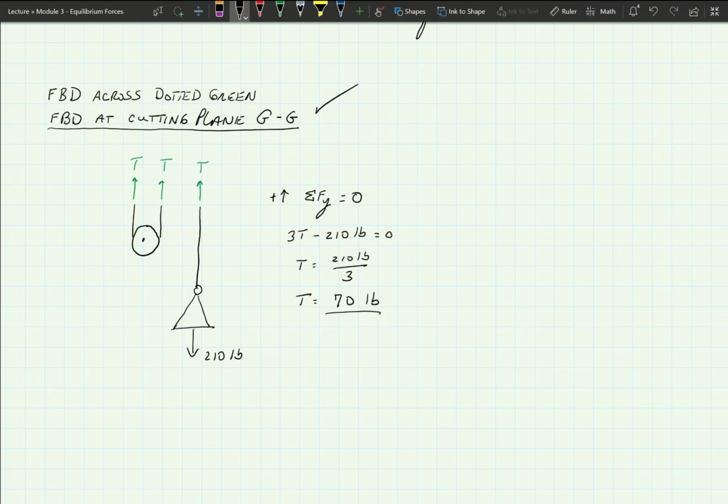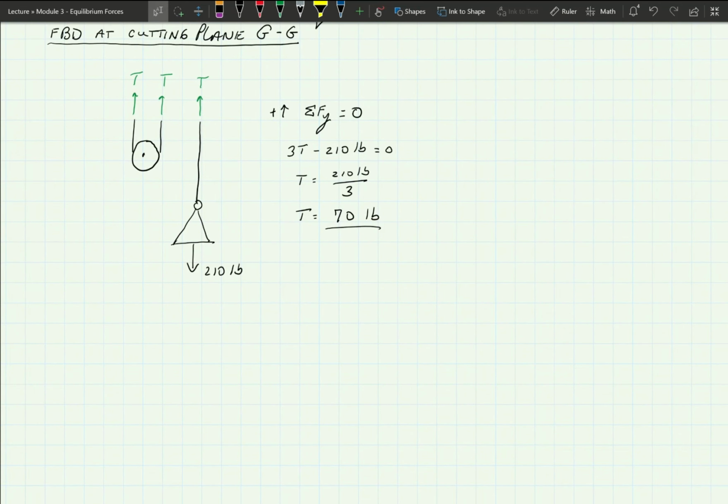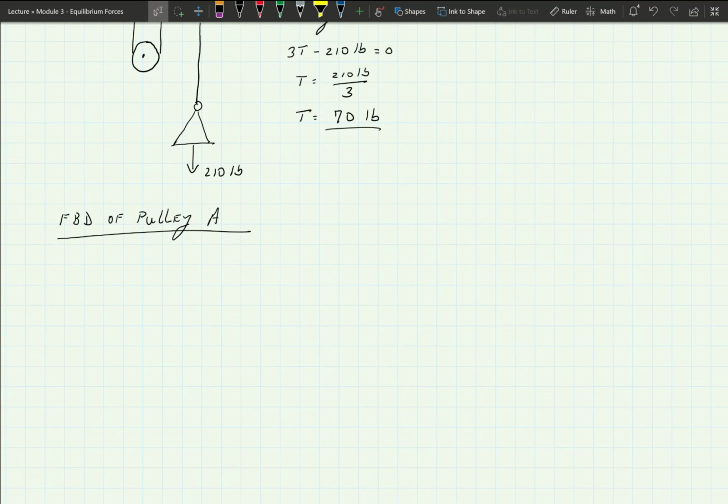Now, that gives us the tension. That was the first part of this, but we really want to know what force Jack is going to have to pull up. So we really are looking at this free body diagram next: the free body diagram of pulley A. It comes like so.